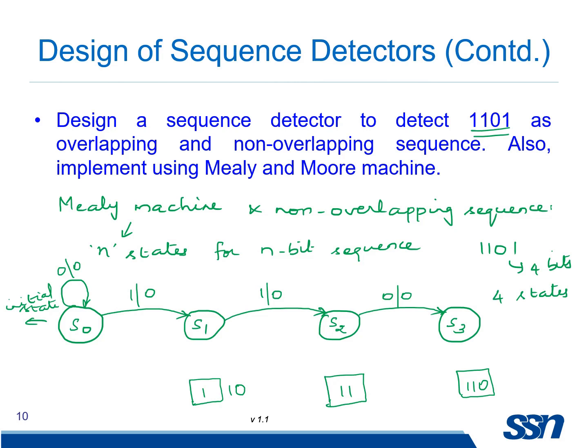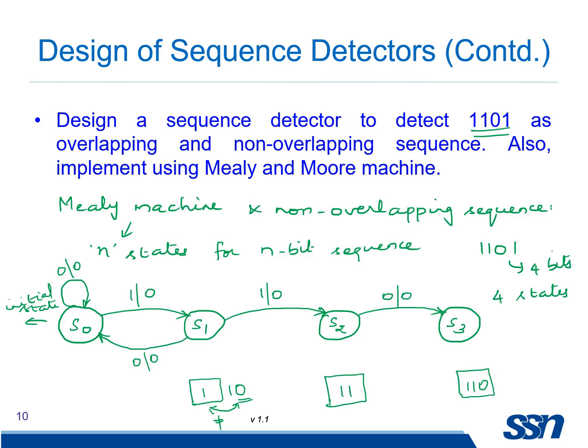First I have received 1 already, and now I receive 0. So we compare this last bit to the value inside the box. If these are equal, we remain in the same state. Here this is 1 and this is 0, so it is not equal, right? So we move on to the previous state. So while in state S1, if I receive an input 0, I move to the initial state itself.